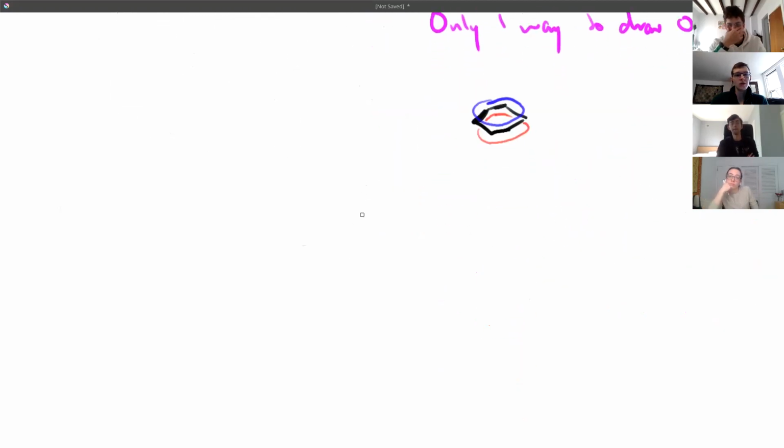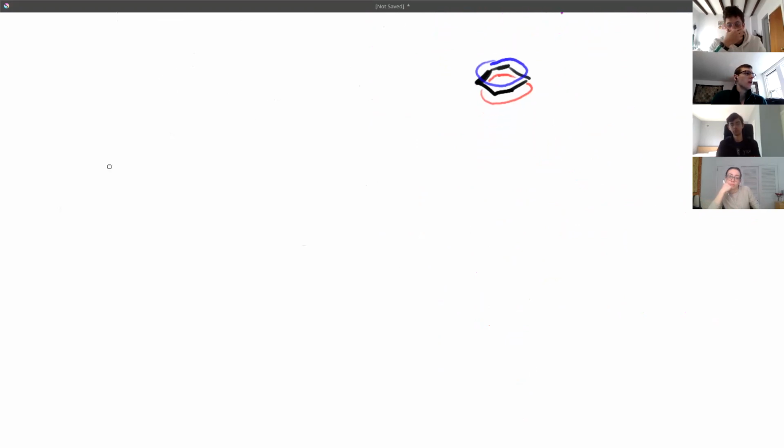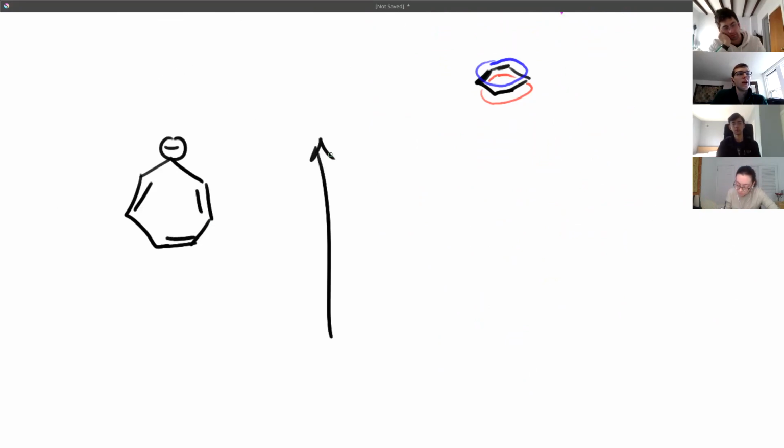We can draw other rings. So let's say that we have this thing, a heptagon with 7 carbons, and let's give it a minus charge here, and then a whole bunch of these double bonds. Okay, well, we repeat the procedure. It's pretty formulaic at this point.